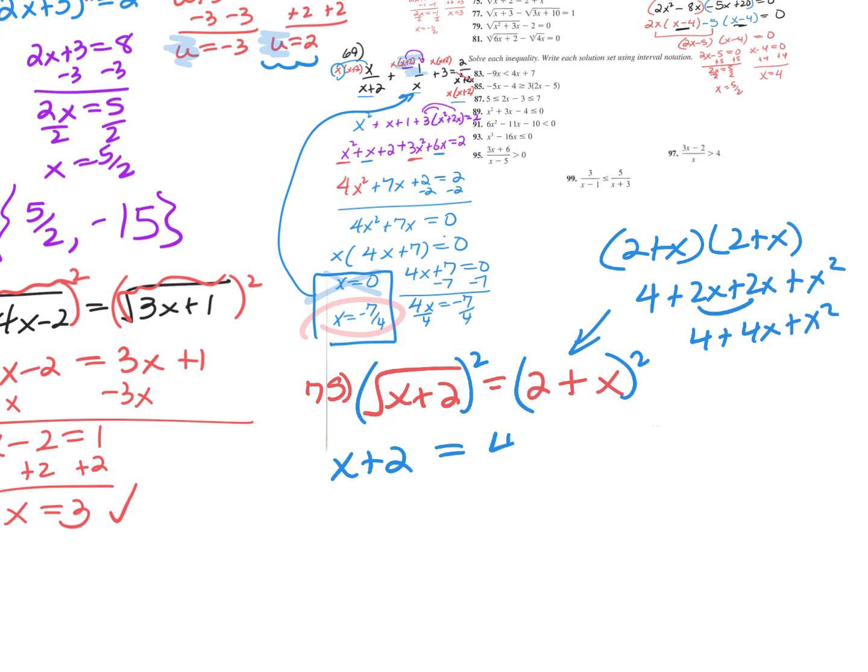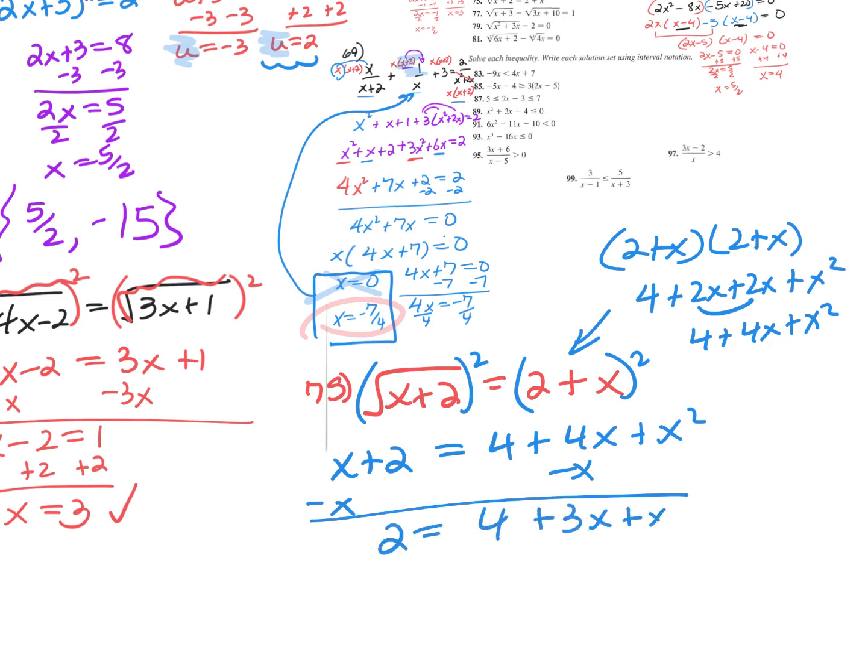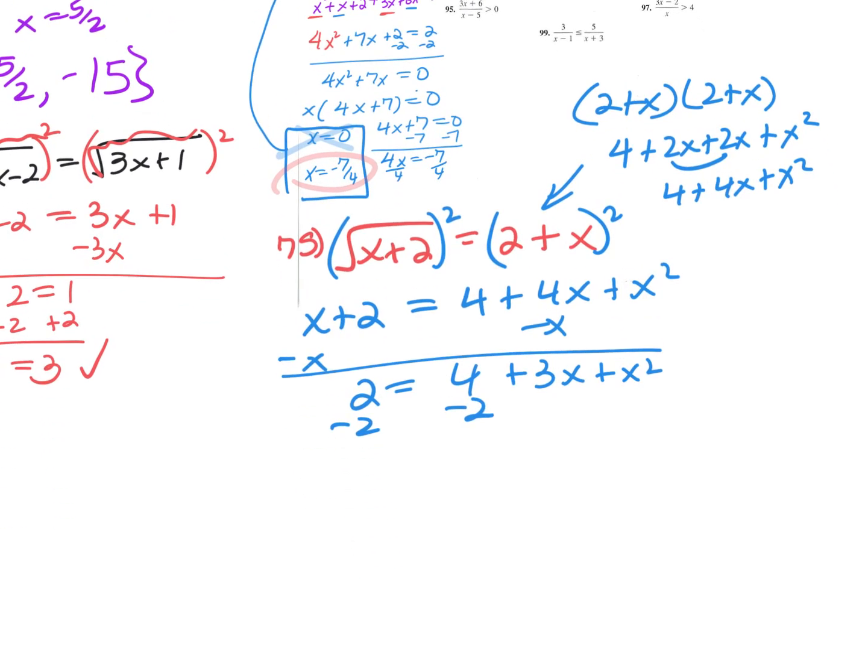And I get 4 plus 4x plus x squared. So I need to get my like terms together and set this equal to 0. So 2 equals 4 plus 3x plus x squared. Subtract the 2 now. And I get 0 equals 2 plus 3x plus x squared.